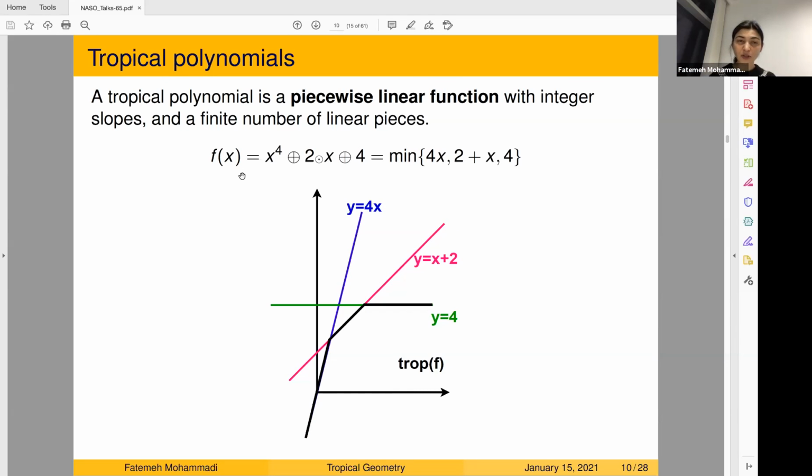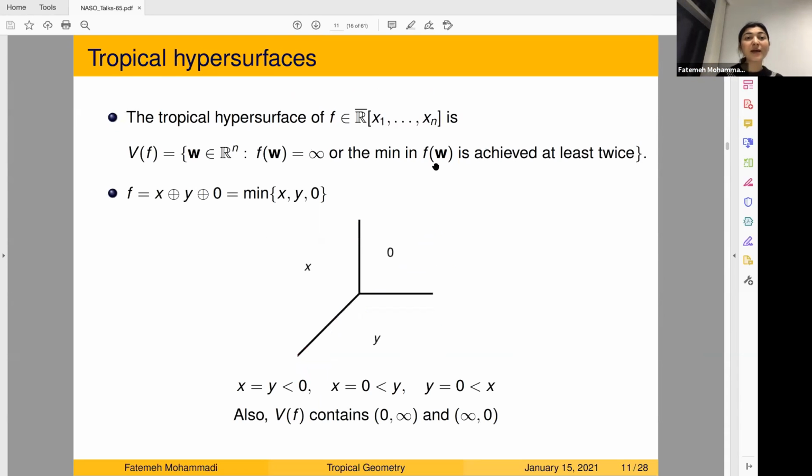So we start from usual polynomials, and then you can replace sum and multiplication with the tropical sum and tropical multiplication. And then you just need to take the minimum of a bunch of linear functions.